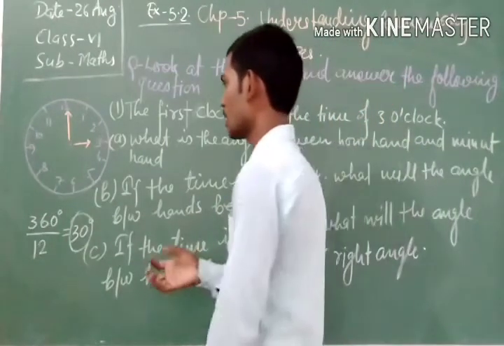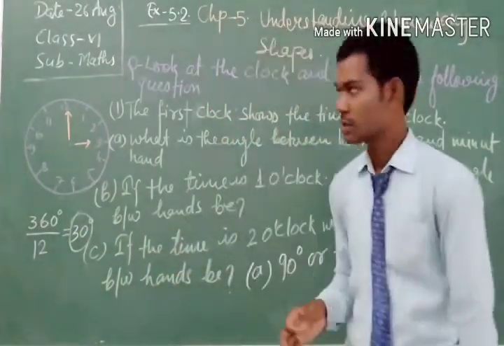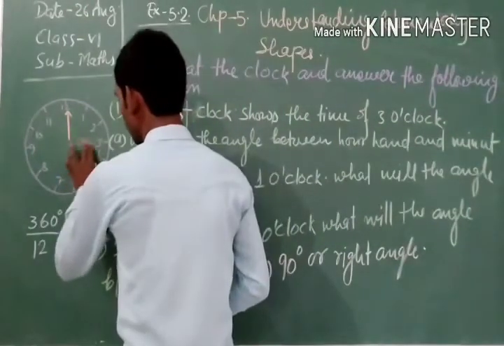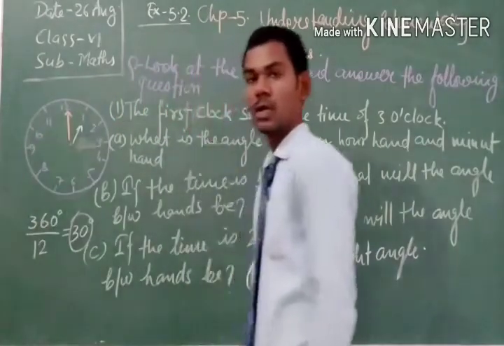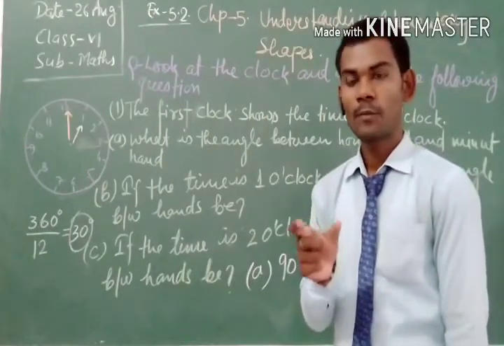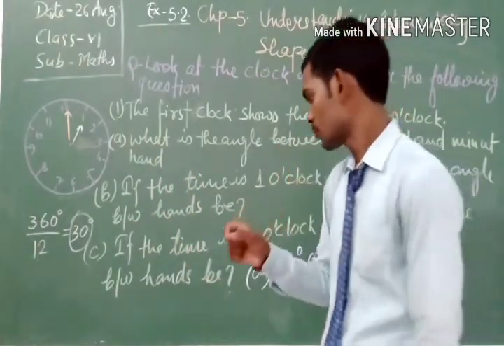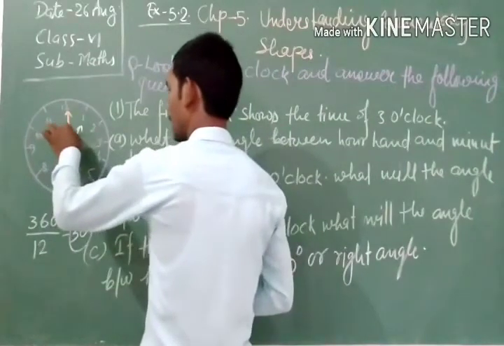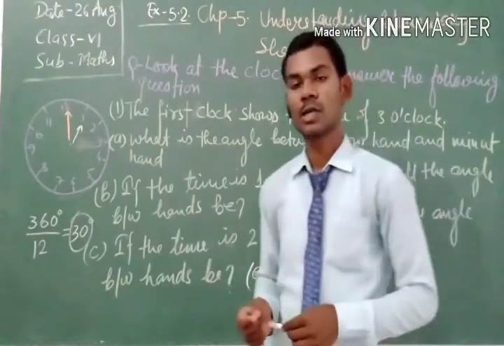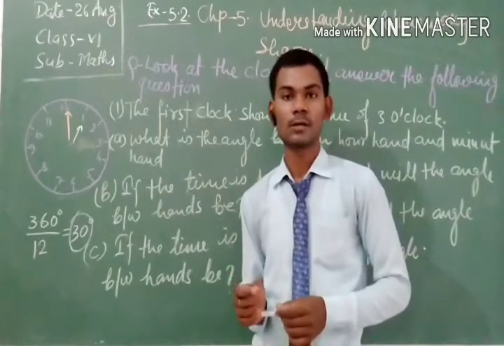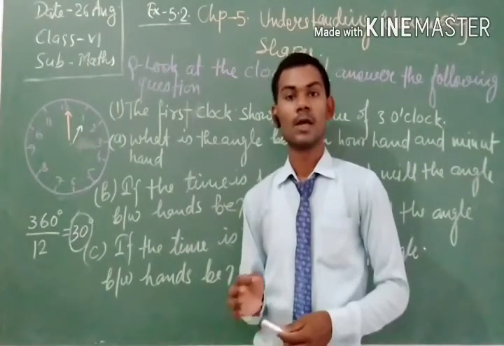It means if the watch shows 1 o'clock, the hour hand will indicate the number 1, and we know that the angle formed by only one part is 30 degrees. So the angle between the minute hand and hour hand when the time is 1 o'clock will be 30 degrees, and we know that an angle with a measure greater than 0 degrees but less than 90 degrees is known as an acute angle.